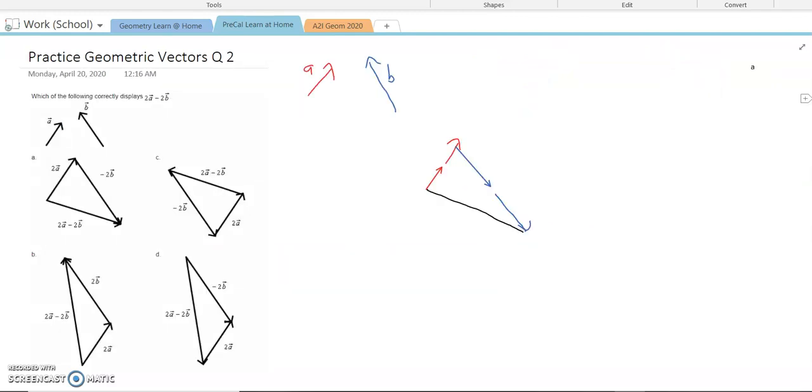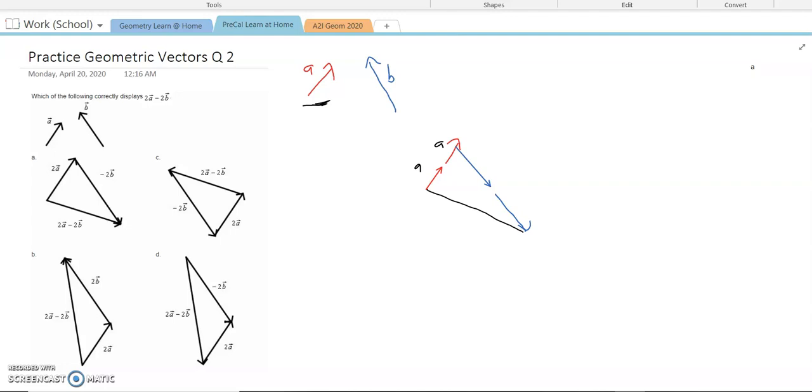On question 2, it asks us to find the difference between 2 of vector A minus 2 of vector B. And you literally can copy and paste exactly what it tells you to do. Take a vector A right here and make 2 of them and add them together. So there's 2 vector A, multiplying it, it's going to be twice as big in the same direction.